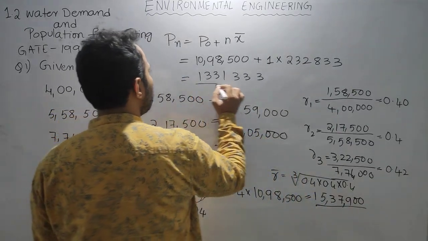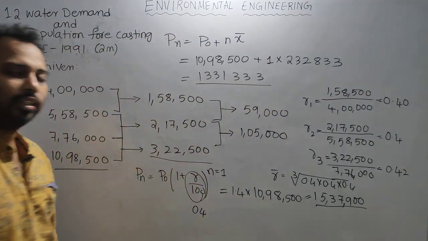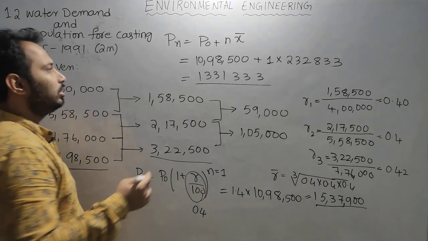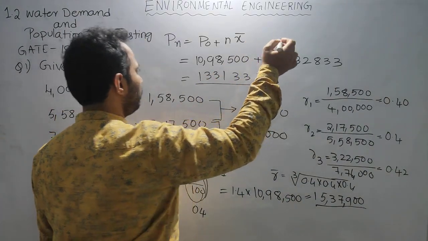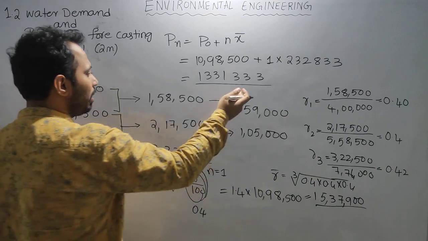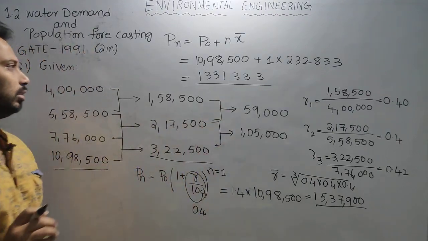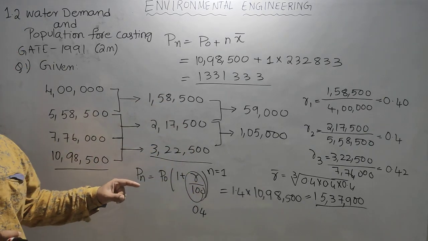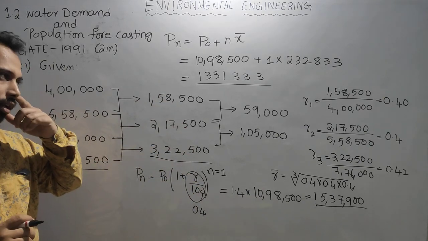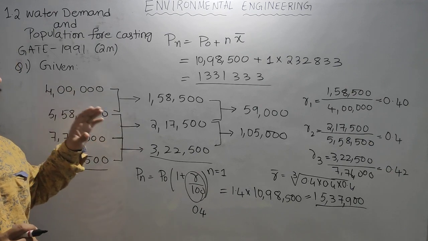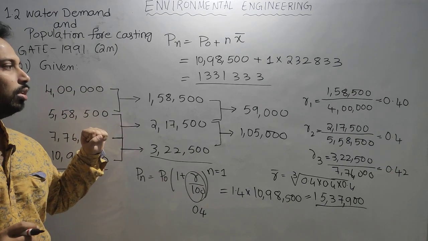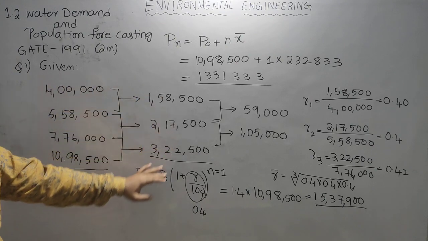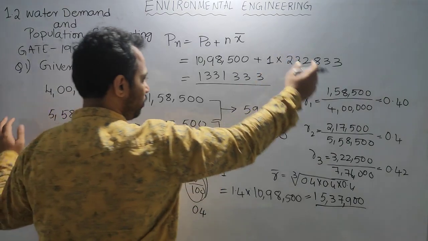This is the population from arithmetic increase, and there is incremental increase also. Incremental increase means you add something else here. So that is n plus n by 2 into y bar. See, I feel that for this question, if you look at the data, the geometrical increase method is the better technique to use to determine the forecasting, because this data is suiting the geometrical progression.